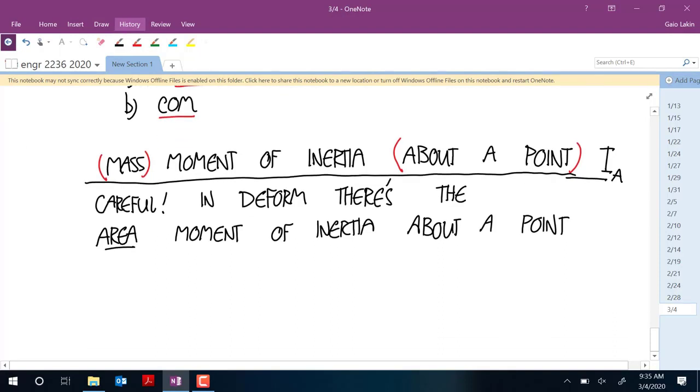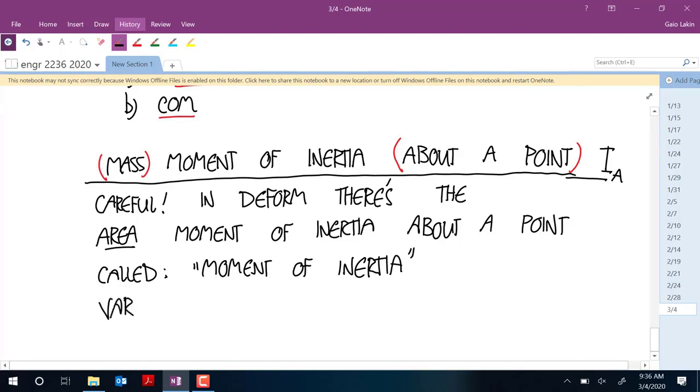Just like this one, people call it just the moment of inertia, and it's given the variable name capital I sub A. Okay, so it's really easy to get these two mixed up.